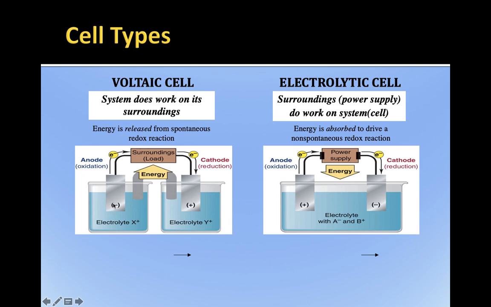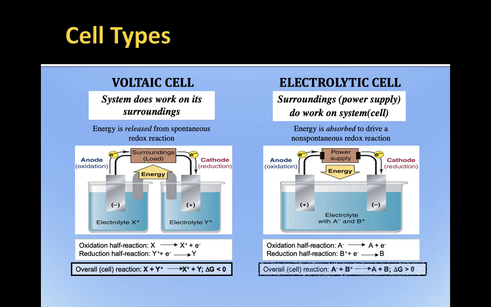Before we said our anode is going to be the negative, our anode now becomes positive, and that's because we're using an external source to actually remove or force the electrons away from there. And our cathode becomes the negative electrode. That's where our electrons are being forced again from the power supply.